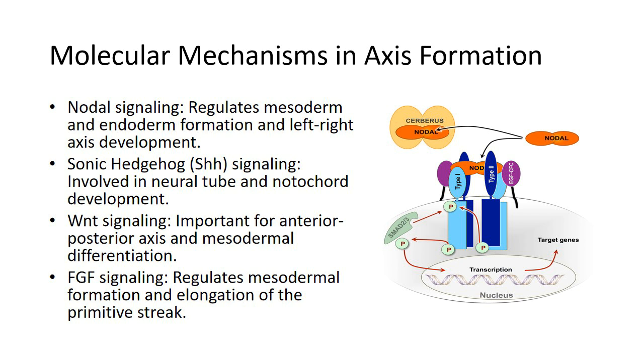B. Sonic hedgehog signaling is a key signaling molecule secreted by the node and is involved in the development of the notochord and neural tube. It also plays a role in establishing the dorsal-ventral axis of the body and helps pattern the left-right symmetry of the embryo.